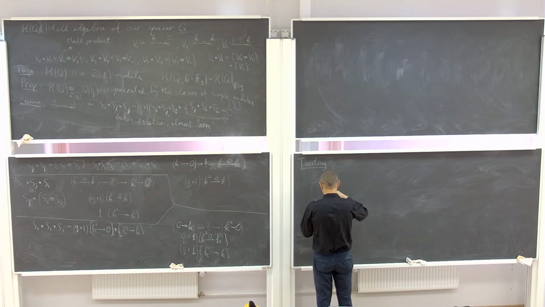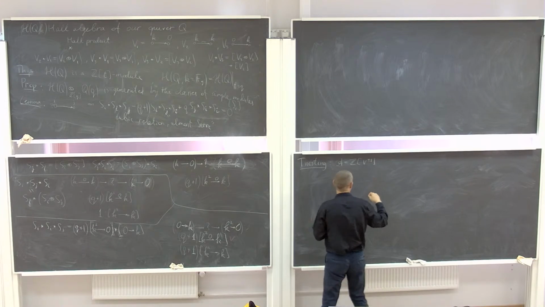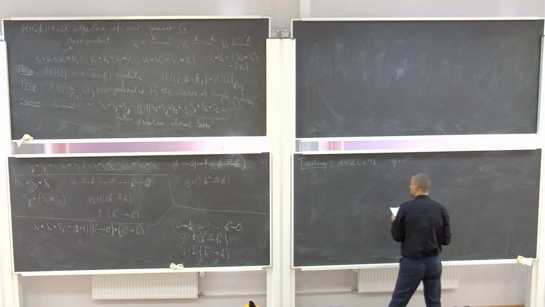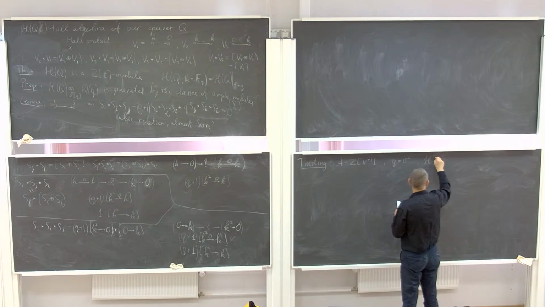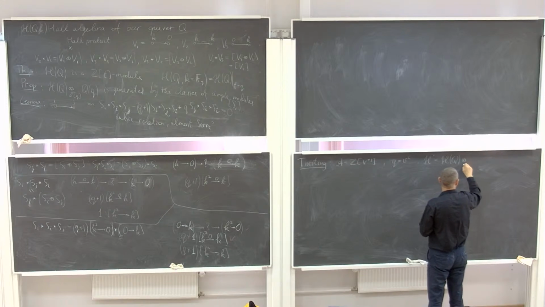So first of all, we change the scalars a little bit to the Laurent polynomials in square root of q. So H prime will be our whole algebra with extended scalars.